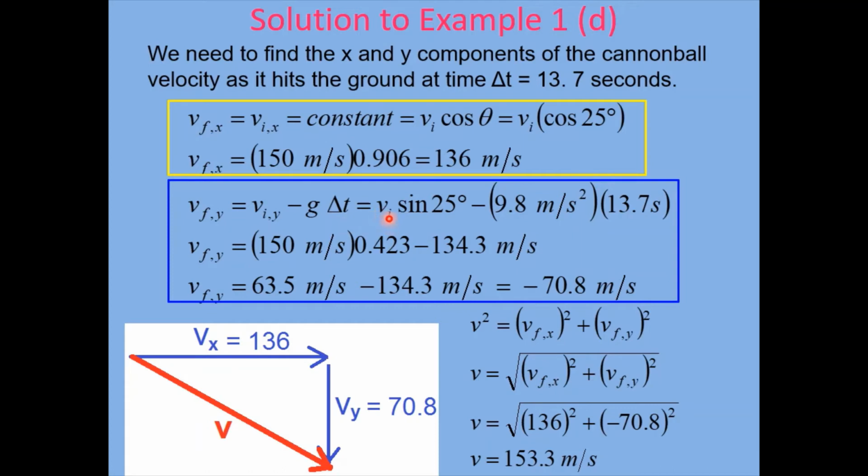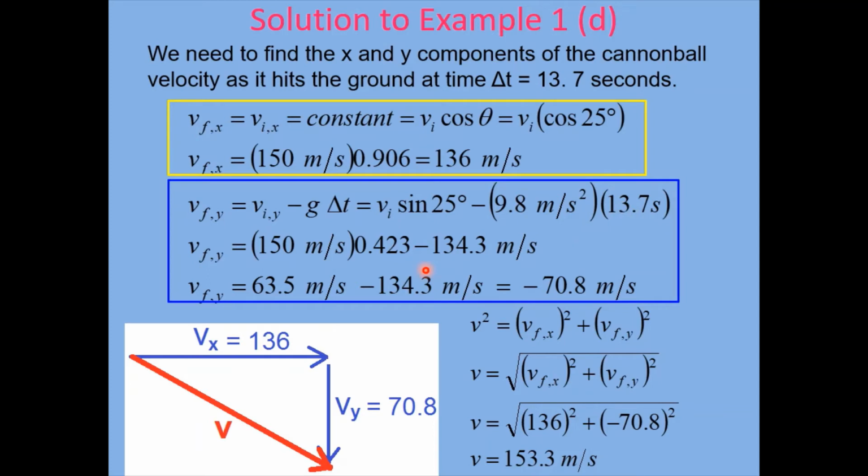We have vi is 150. You can see that I put it in down here. The sine of 25 is 0.423. This is, remember, vi times sine of 25. That is our initial y velocity. That's the component that we found by vi times sine of theta. And then we have minus g, which is 9.8, multiplied by the time, which we got from part A, 13.7 seconds.